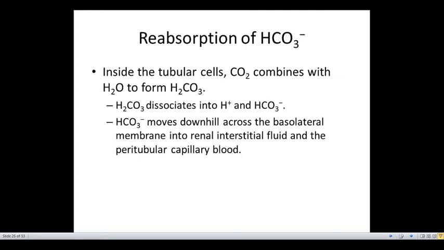Inside the tubular cells, carbon dioxide combines with water to form carbonic acid. Carbonic acid dissociates into hydrogen ions and bicarbonate ions. And bicarbonate ions move downhill across the basolateral membrane into the renal interstitial fluid and then into the peritubular capillary blood.